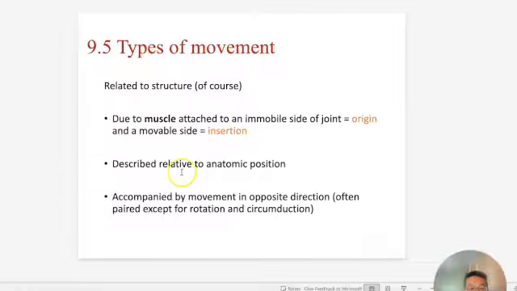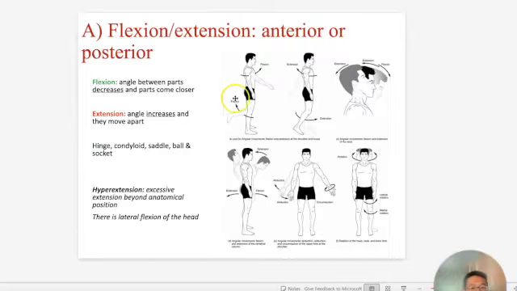Movements are described relative to anatomical position, accompanied by movement in the opposite direction. These are some movements. Flexion, extension.